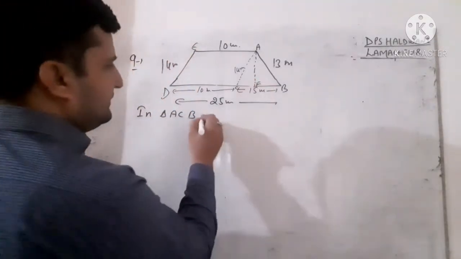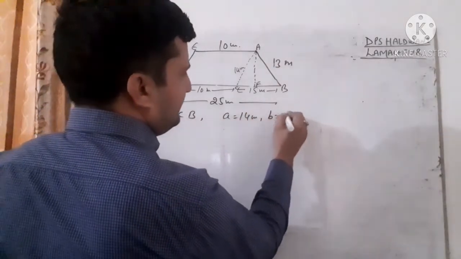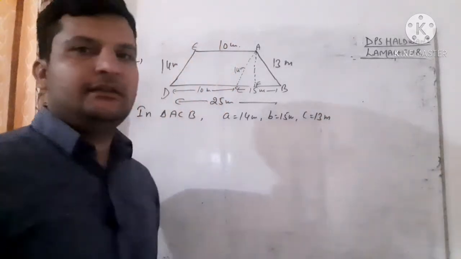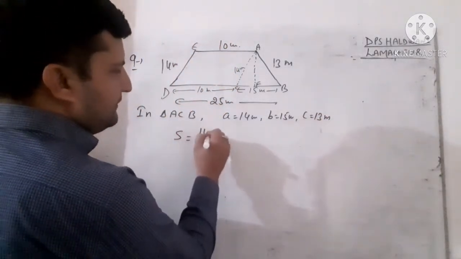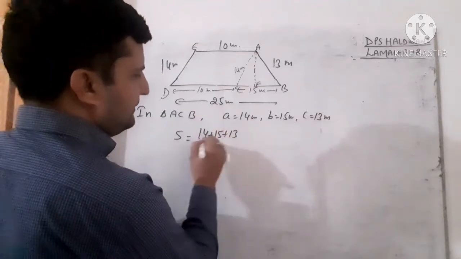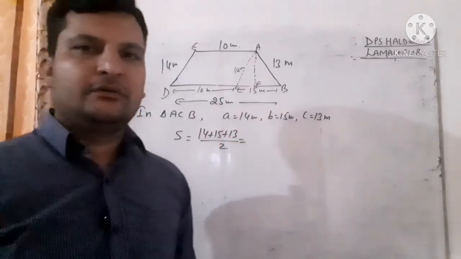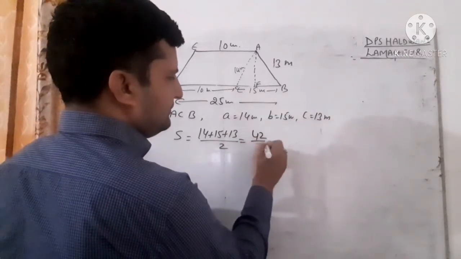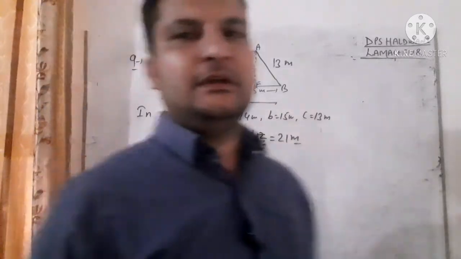Sides are given. A is equal to 14 meter, B is equal to 15 meter, and C is equal to 13 meter. So student, for Heron's formula, we need S is equal to 14 plus 15 plus 13 by 2. That is coming 14 plus 15 is 29, 29 and 3 is 32, and 10 is 42. 42 by 2, that is coming 21 meter, because 2 21 is 42.